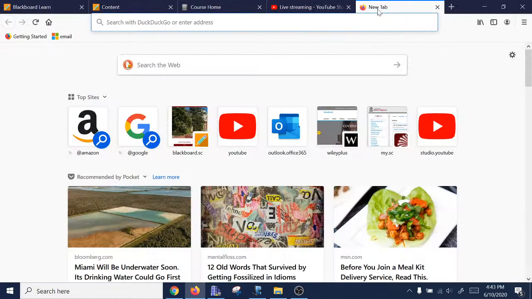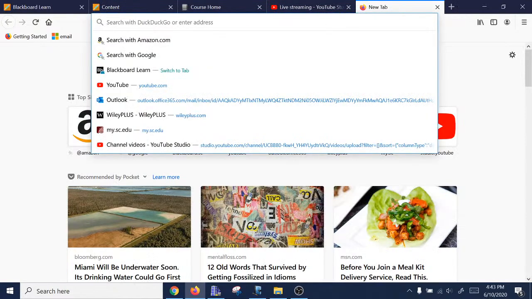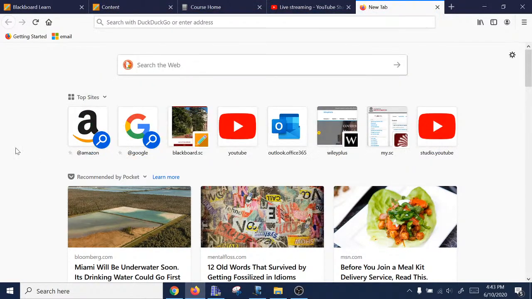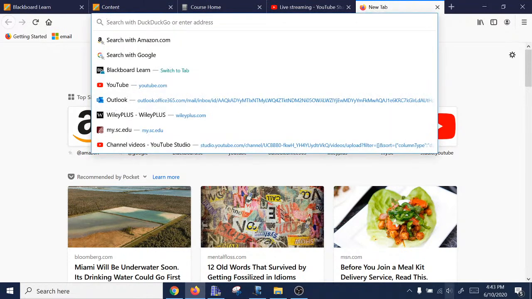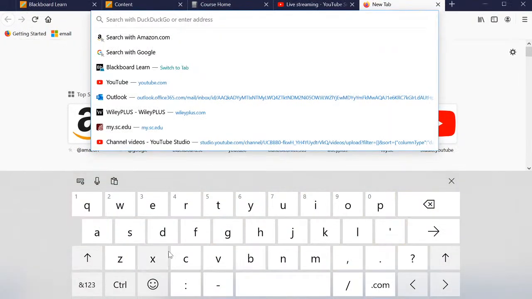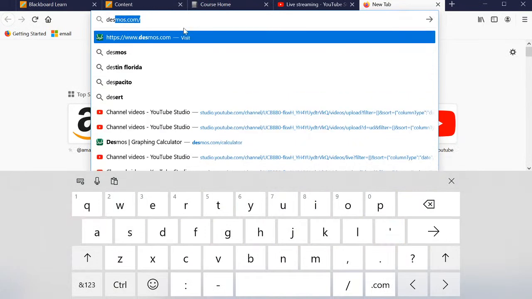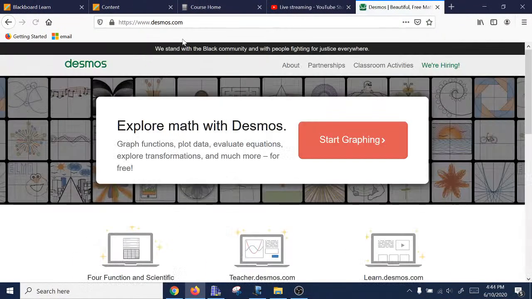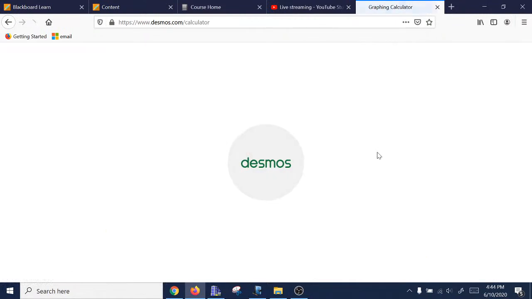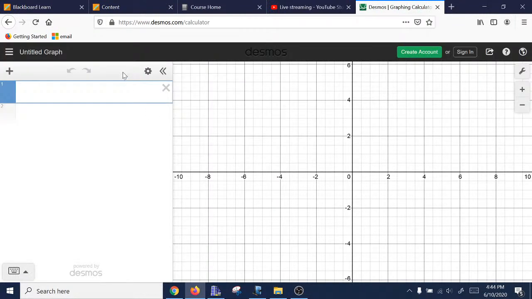Instead of using a graphing calculator, I'm going to go to something a little prettier. I should bookmark Desmos. Desmos is a nice little online grapher. Do I need to tell it parametric?